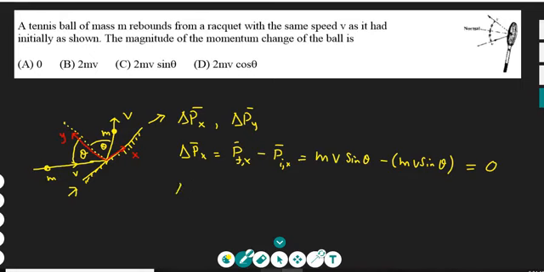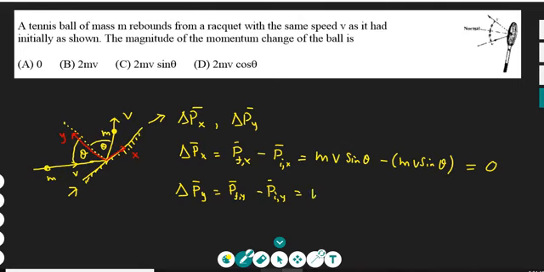How about the y direction? Delta p along the y direction. That means p final y minus p initial y. In the y direction, the final linear momentum is positive, because that's how we define the y direction.